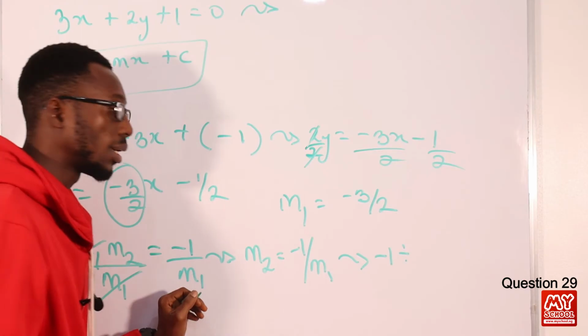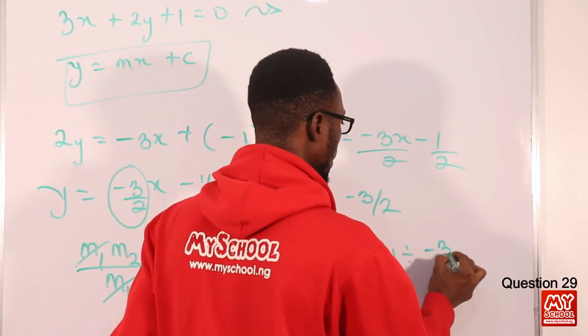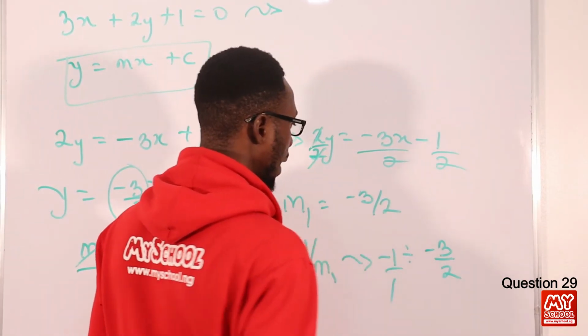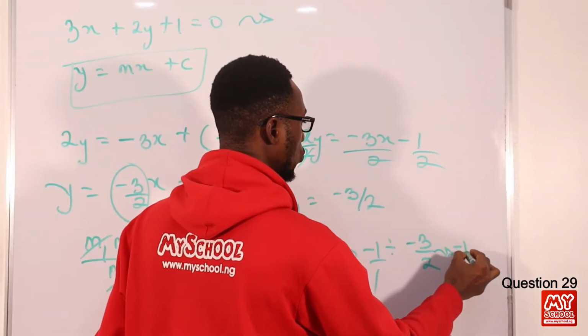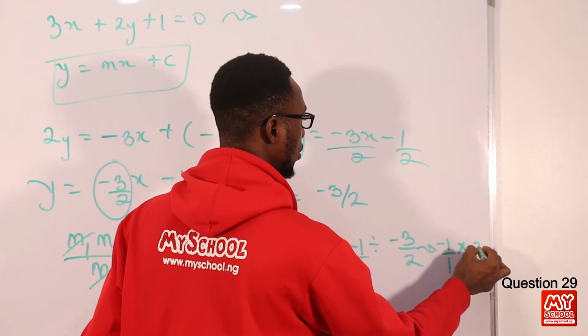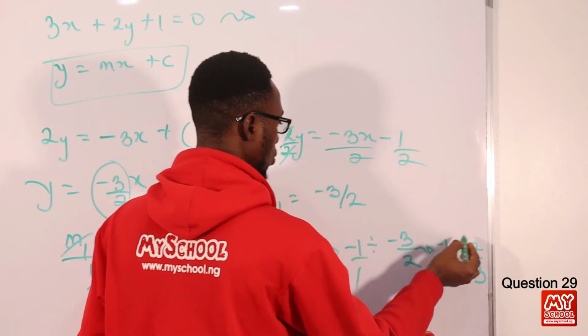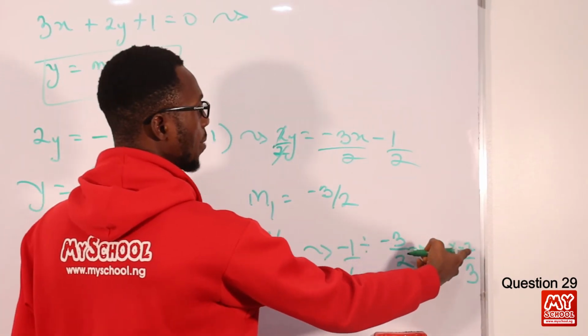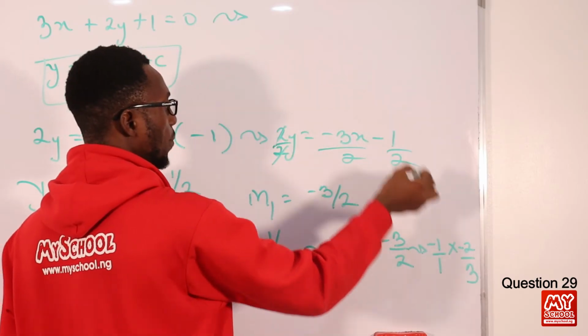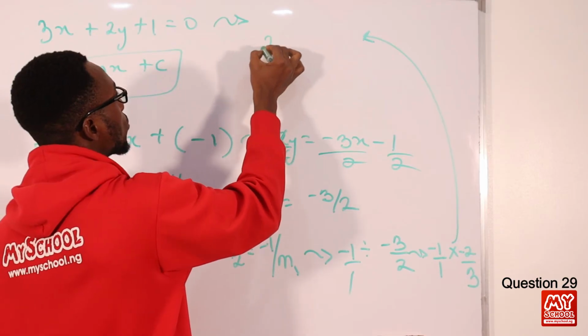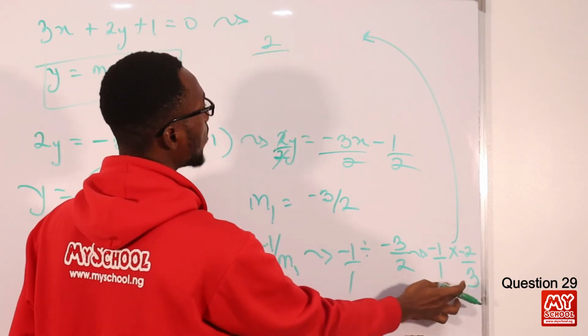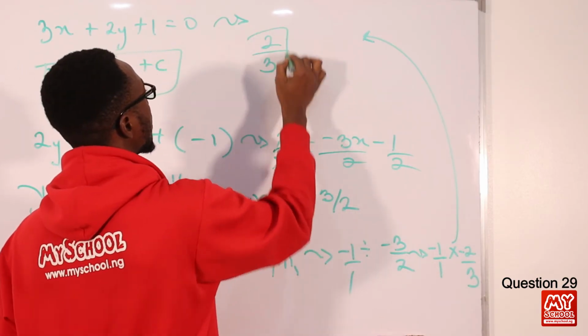What is my m1? That is minus 3 over 2. So if I want to change these, that would just be minus 1 over 1 times minus 2 over 3. So minus 1 times minus 2 should give me plus 2 over 1 times 3.